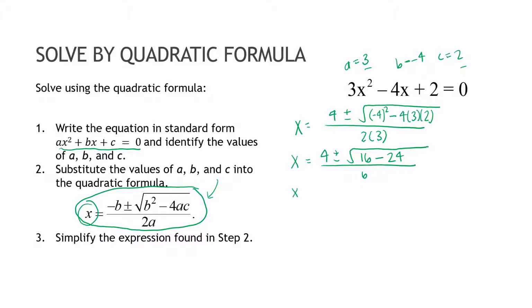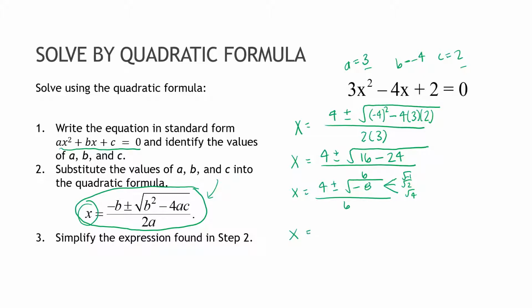If I continue to simplify, 16 minus 24 is -8. I almost said 6 like an idiot. -8 over 6. Again, I would do some simplification on that 8 because we don't want the negative inside. And I can take out a 4, so this would be like -1, 2, and 4.